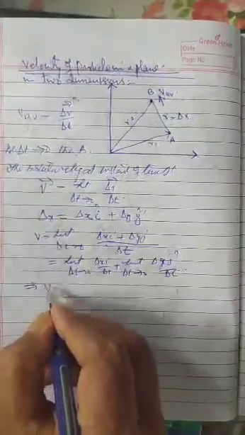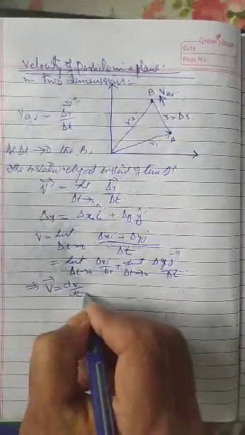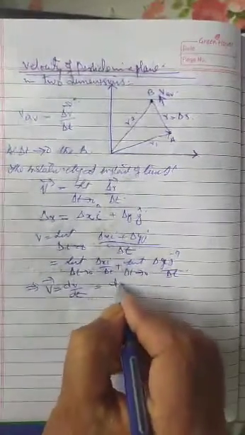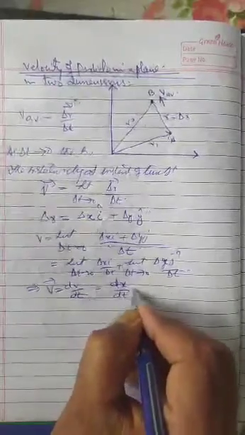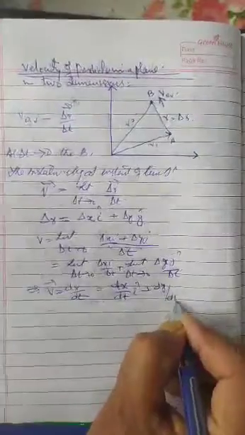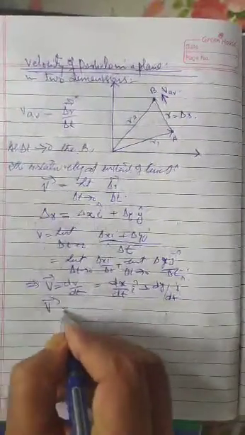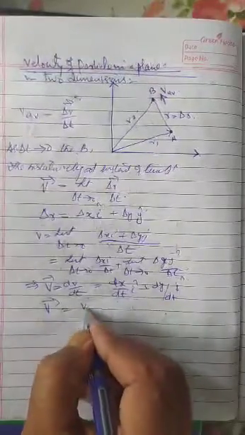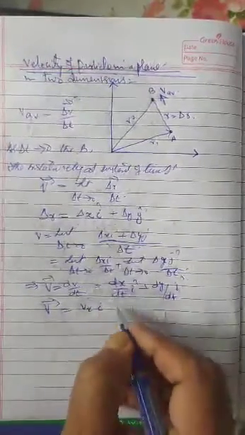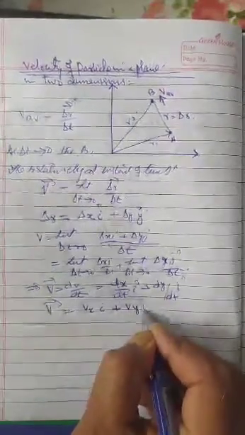Here, simply you can write V is equal to dr by dt, which is equal to dx by dt along the x-axis plus dy by dt along the y-axis. Now dx by dt is Vx, the velocity along the x-axis, and dy by dt is Vy along the y-axis.